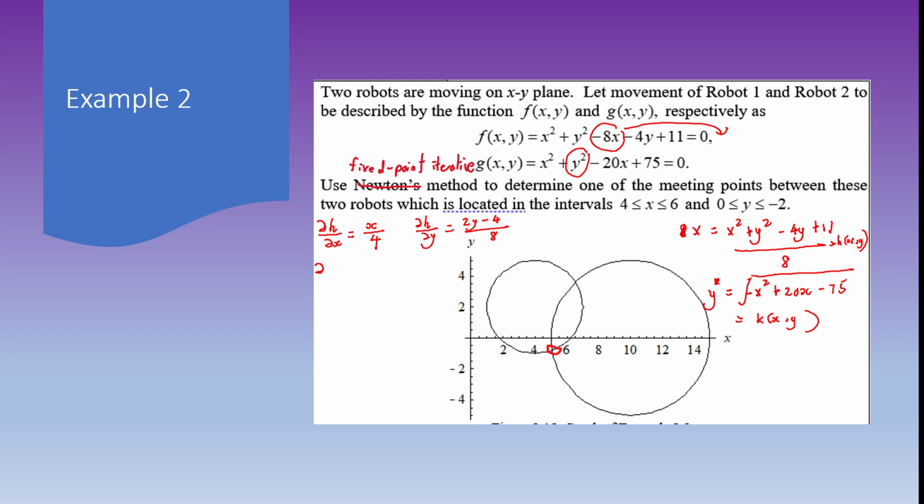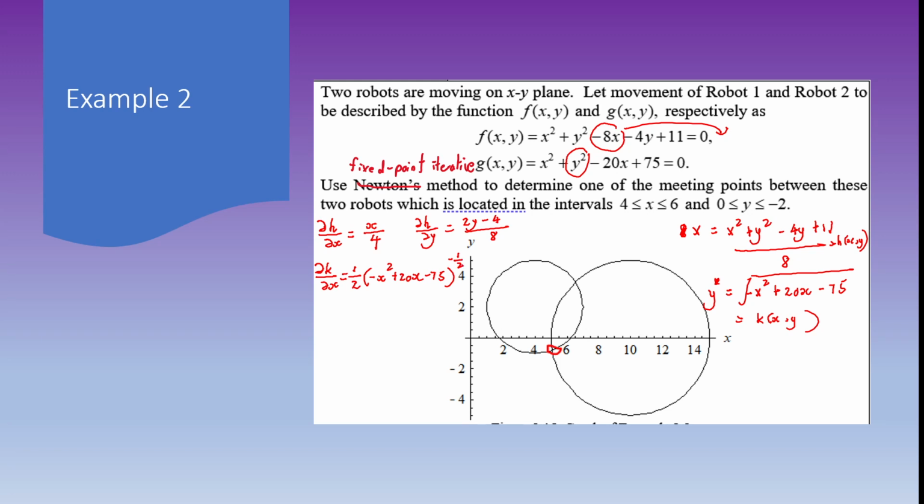And then del k del x. This one you got square root. Square root is power half. So for differentiation, the power you bring to the front, so you have half, and then the power half will be minus 1. So you got negative x squared plus 20x minus 75 to the power negative half.